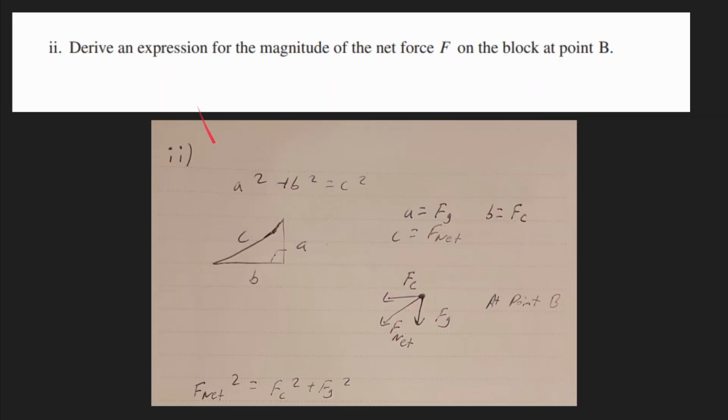Now coming back here, if we draw a right triangle, so it's not 100% straight, but it's meant to be, and we use Pythagorean's theorem, a squared plus b squared is equal to c squared. Our hypotenuse would be F net, and our legs would be the force of gravity and the centripetal force. So here's our equation.